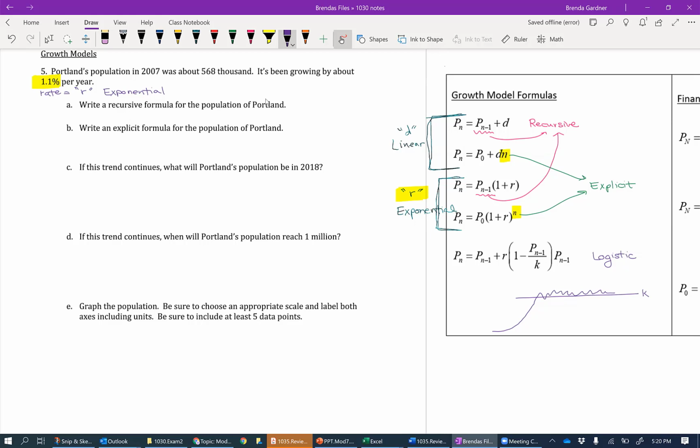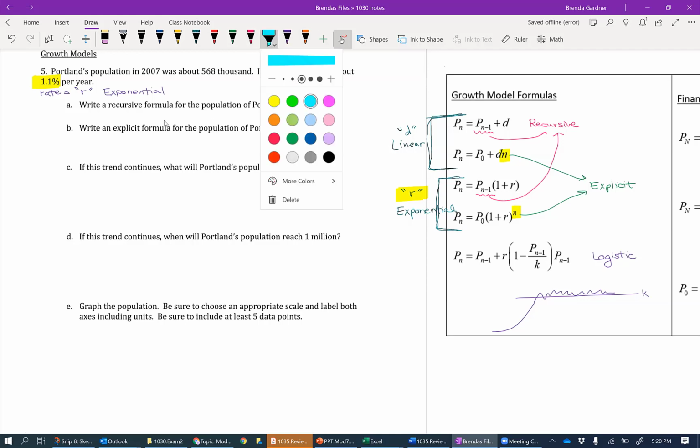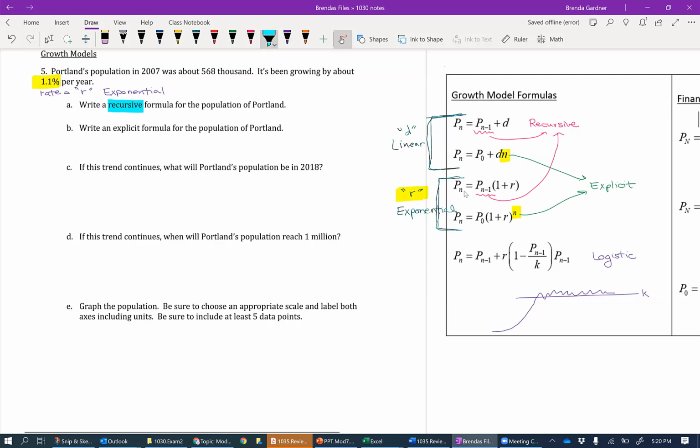The question says write a recursive formula. So I know I'm going to use this one, again focusing on that n-1.